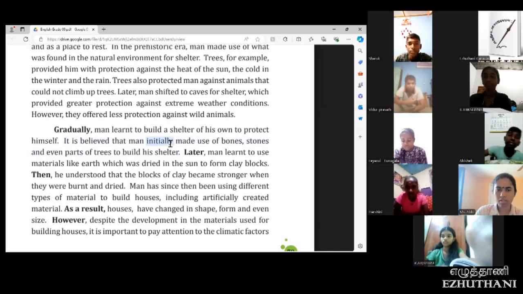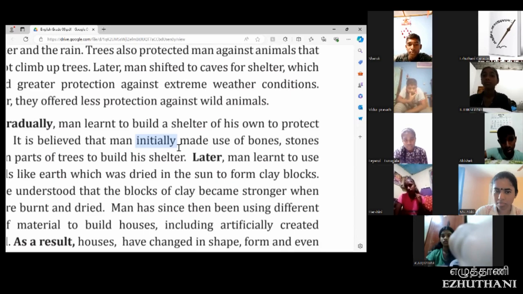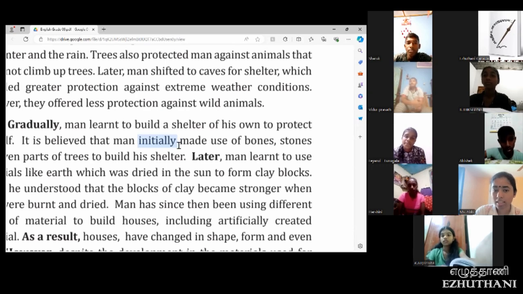Can you read this word? Initially. Can you read that again, Abhishek? Initially. Good.